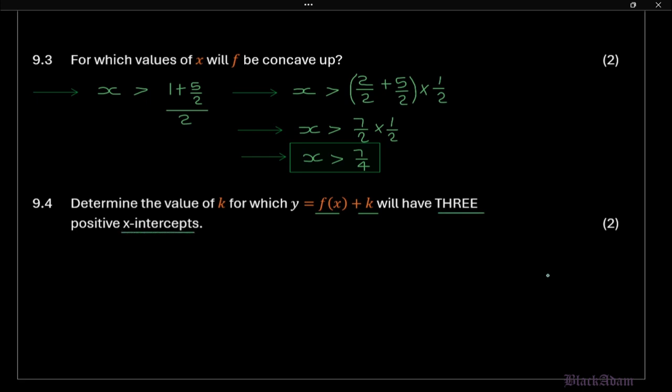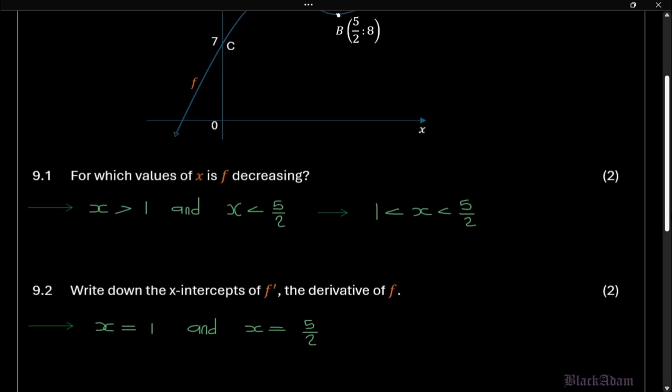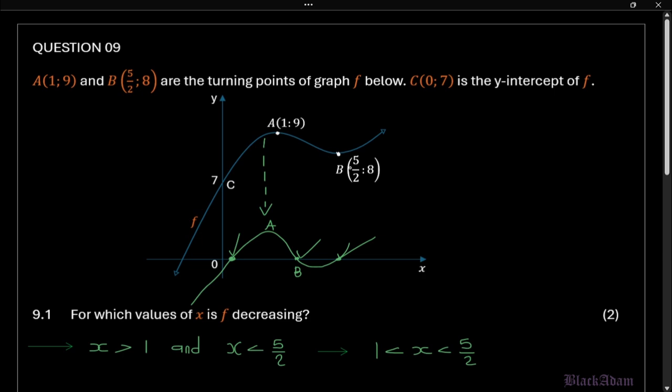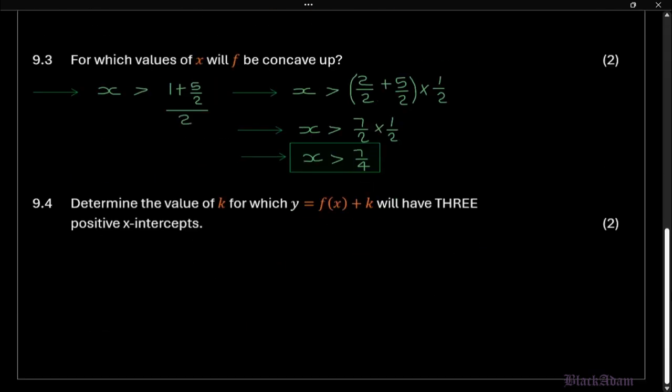So determine the value of k for which y equals f of x plus k has 3 points. It has to have 3 points, so that's point 1, point 2, point 3. So which means for b, we have 8 there, and for a, we have 3 points there to consider. So that means it has to come down that unit 8.